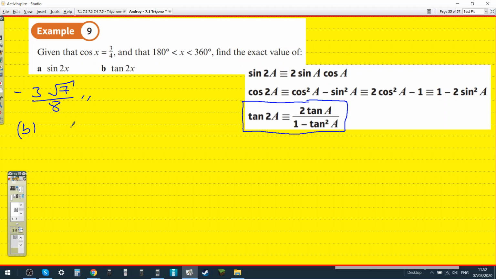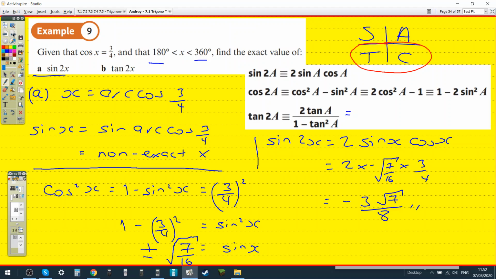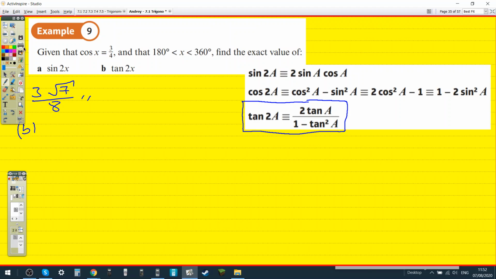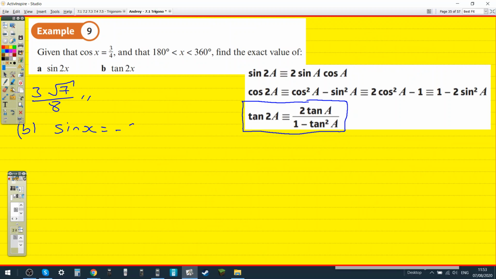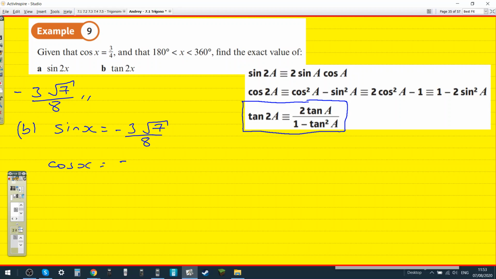Yep. I'm getting a bit confused, I think. You also said sine x is minus 3 root 7 over 8. The question tells us cos x is 3/4. Identity.